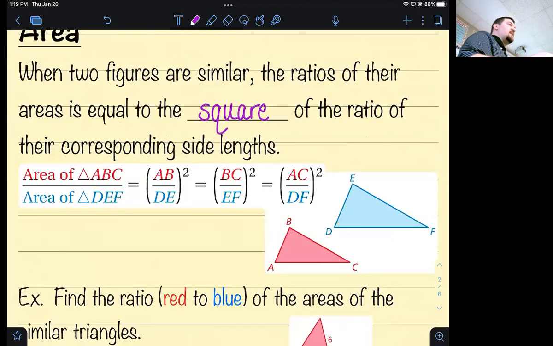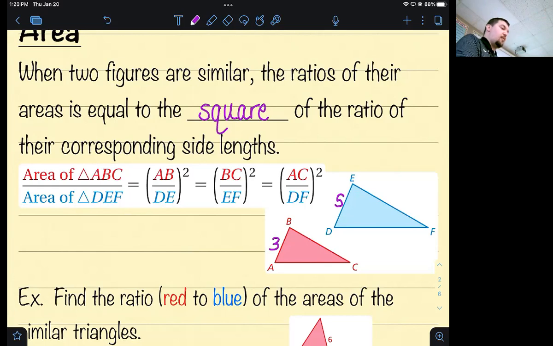So if, again, we use that same ratio of 3/5 that I used in the last example: if the side length ratio is 3/5, the perimeter ratio is 3/5. But if the side length ratio is 3/5, the area ratio will be 3 squared, which is 9, over 5 squared, which is 25.